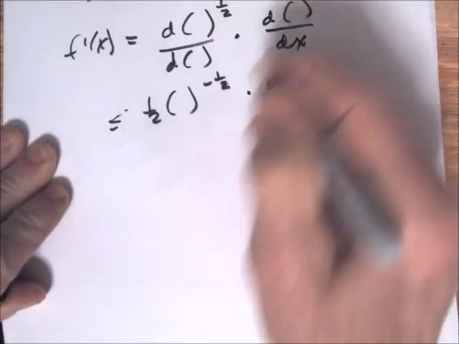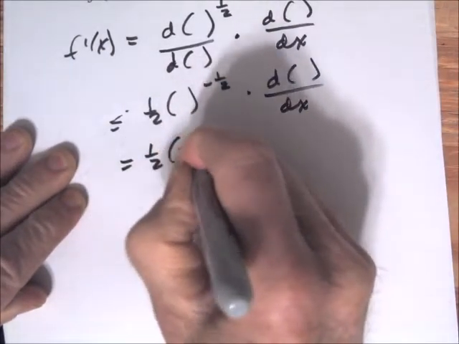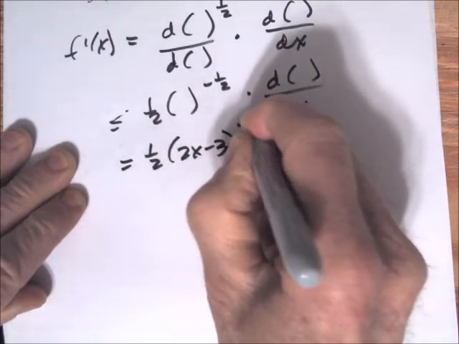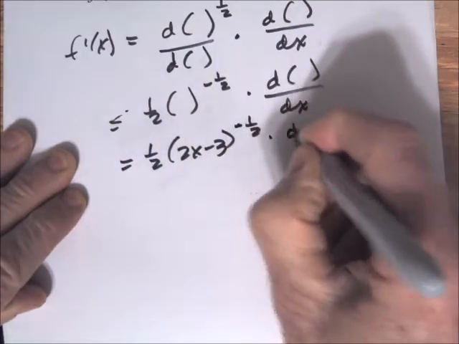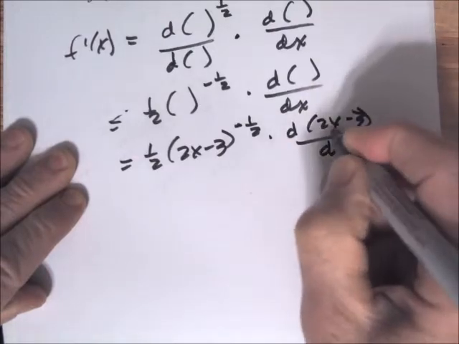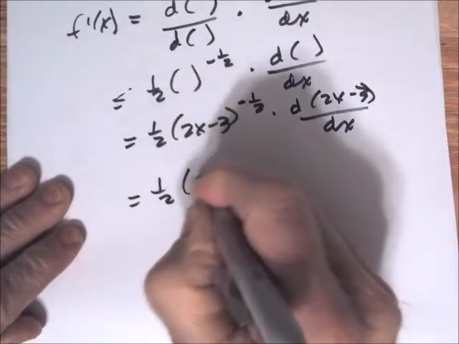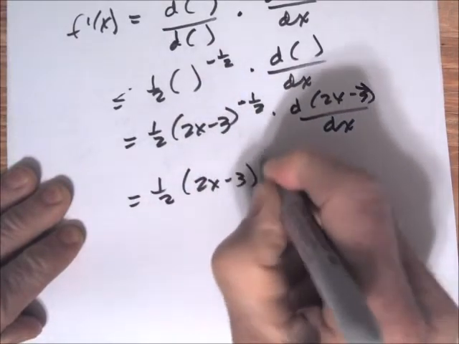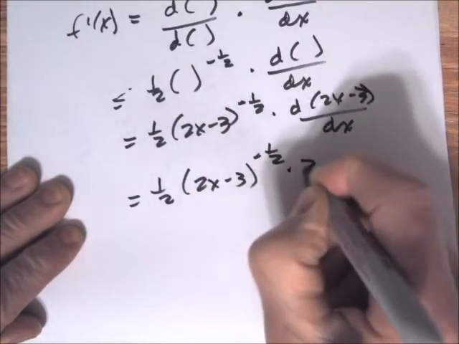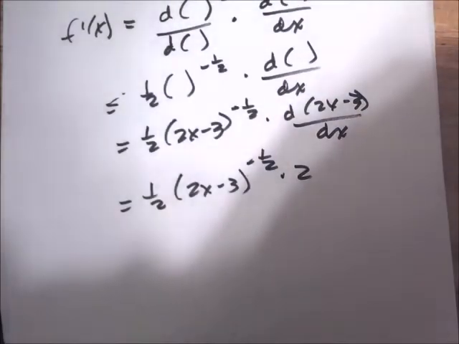So we can put the 2x minus 3 back in here. 1/2 times 2x minus 3 to the minus 1/2 times the derivative of 2x minus 3 with respect to x. Well, the derivative of 2x minus 3 is 2, so it's going to be 1/2 times 2x minus 3 to the minus 1/2 times 2. Half of 2 is 1, so that's going to cancel.